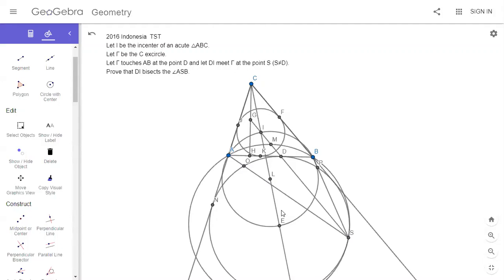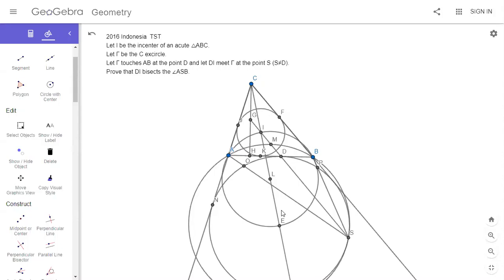Interesting. So can we show those circles are tangent? That is an interesting idea. All right.